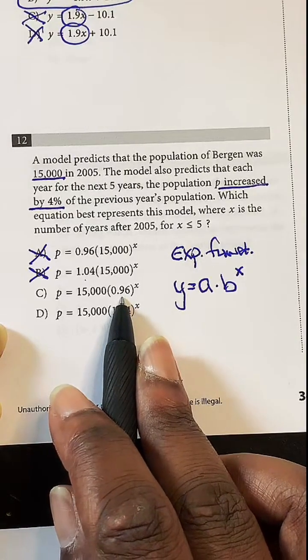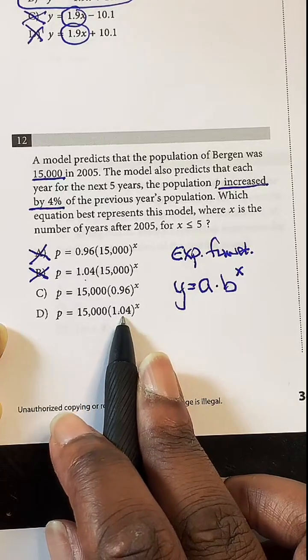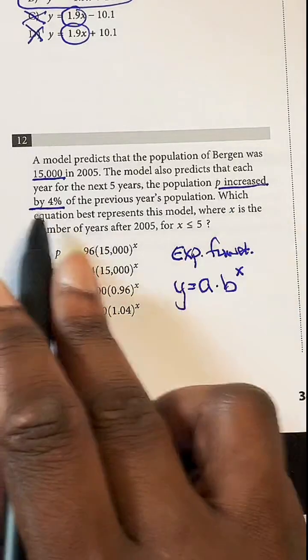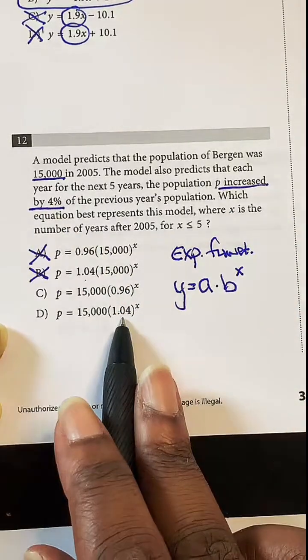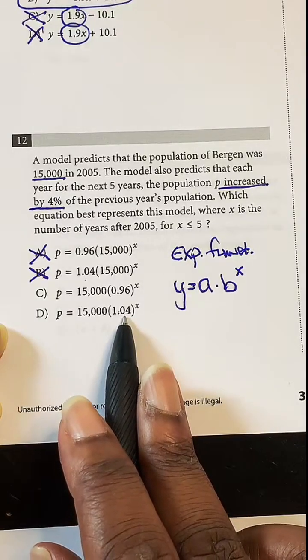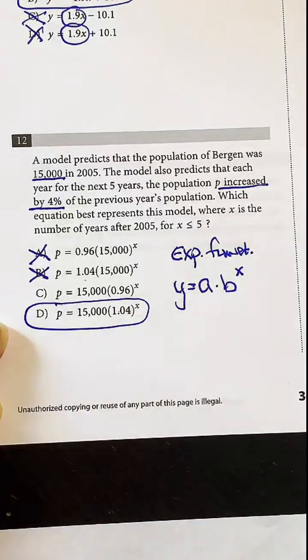This is showing the decreasing. Okay. So if I take a look inside this parenthesis, if I see 1.04 and the increase rate was 4%, this is showing growth. This is the part that's showing growth. So my answer choice is going to be D.